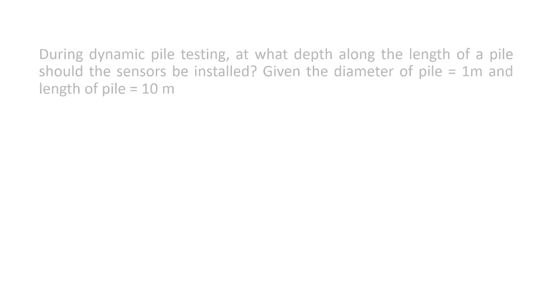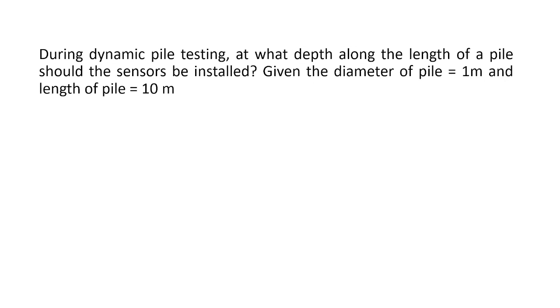Okay. Next question is, during dynamic pile testing, at what depth along the length of the pile should the sensors be installed? Diameter is given as 1 meter and the length of the pile is given as 10 meter. D will be the answer. 1.5 times the diameter. Yeah, correct.